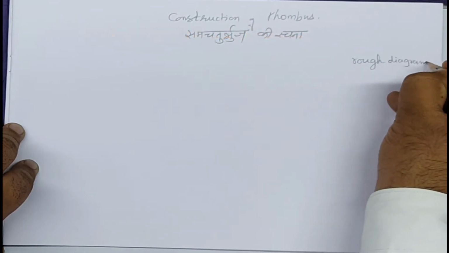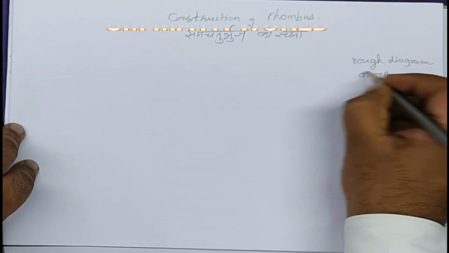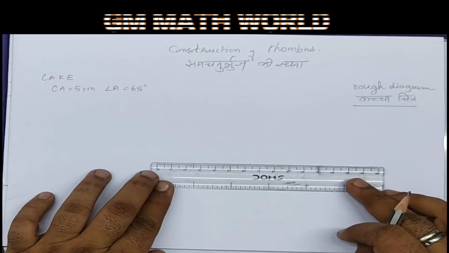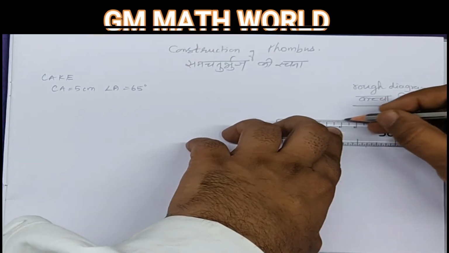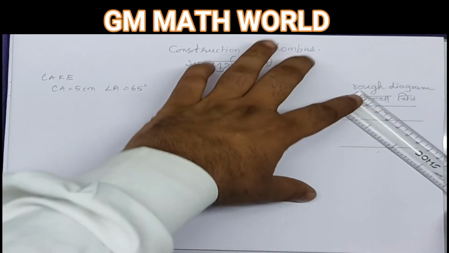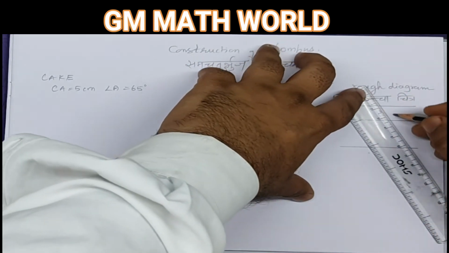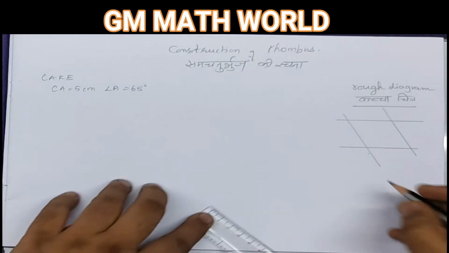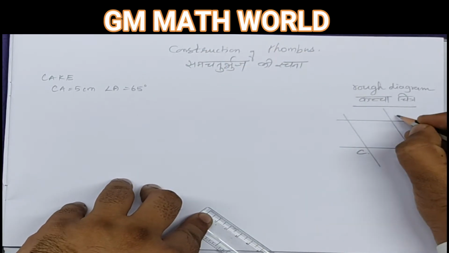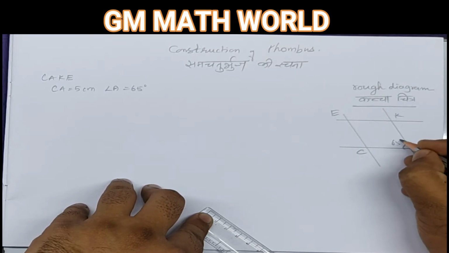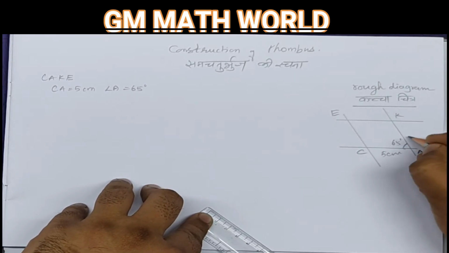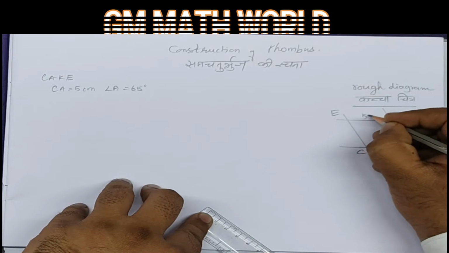Draw two parallel lines and two more parallel lines which intersect the previous two parallel lines, and then give the names. CA is 5 centimeter, all sides are equal. Therefore, AK is 5 centimeter, KE is 5 centimeter, and CE is 5 centimeter, and angle A is 65 degree.